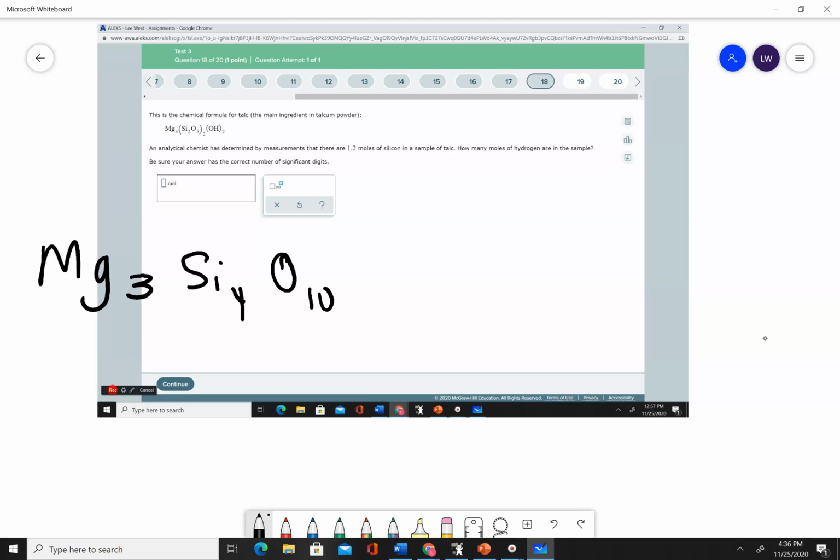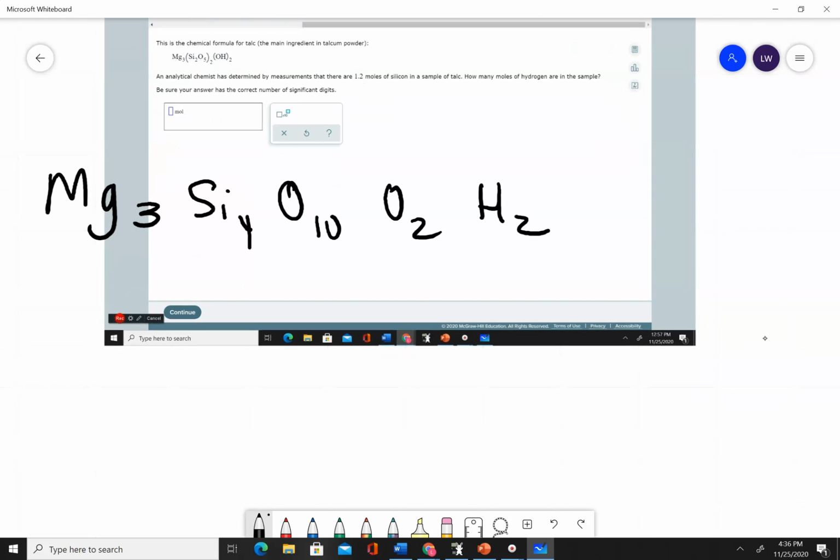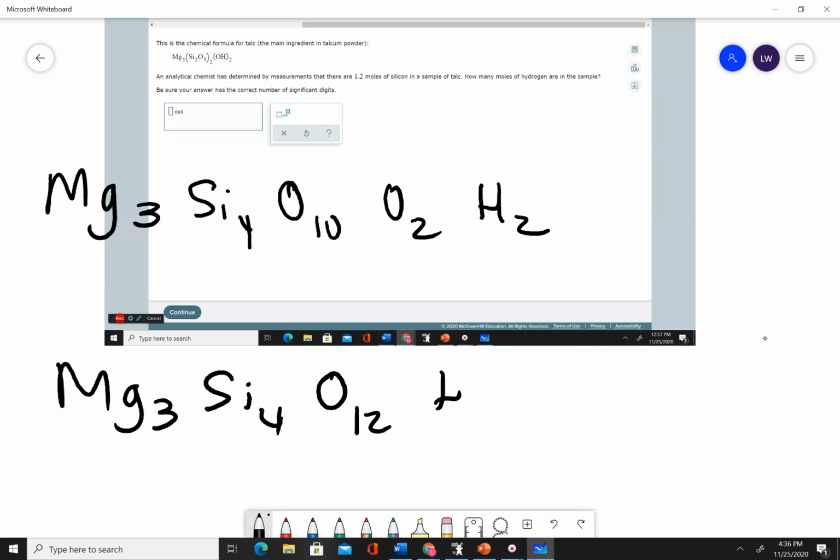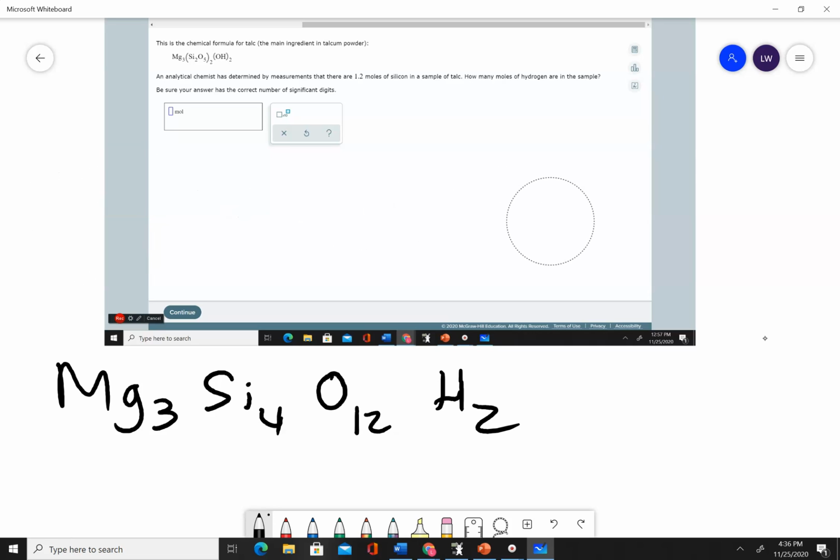Then we've got another set of 2 oxygens, and then we've also got 2 hydrogens. So collecting the oxygens together, we could write this formula for talc as Mg3Si4O12H2. By writing it in that way, it makes the mole ratios really easy to figure out.